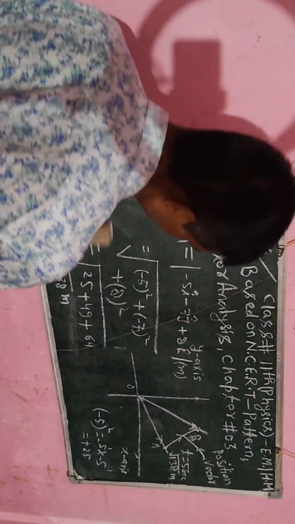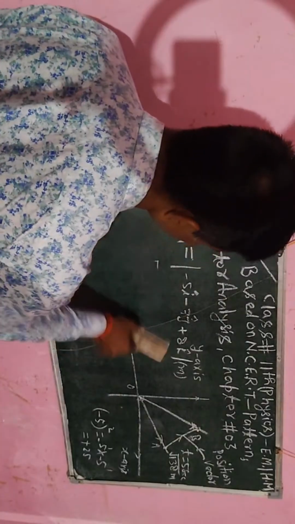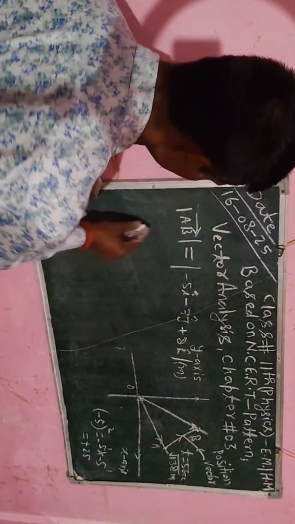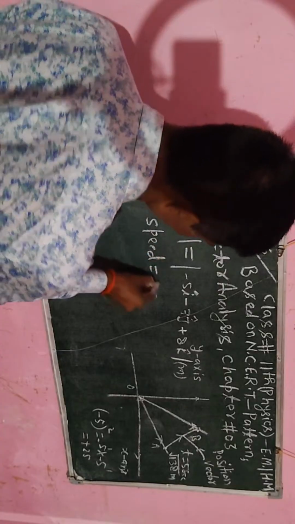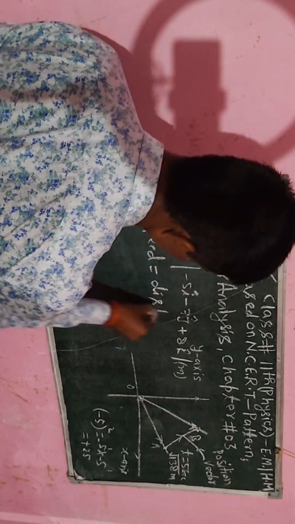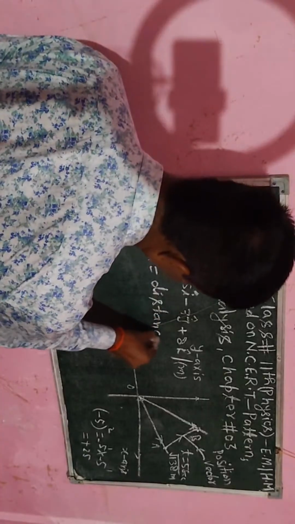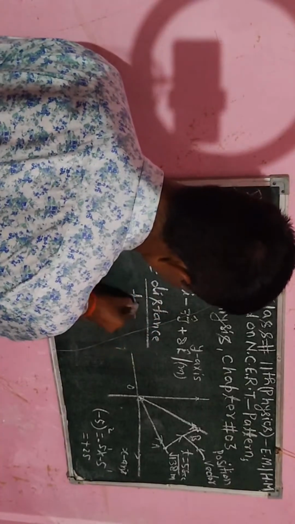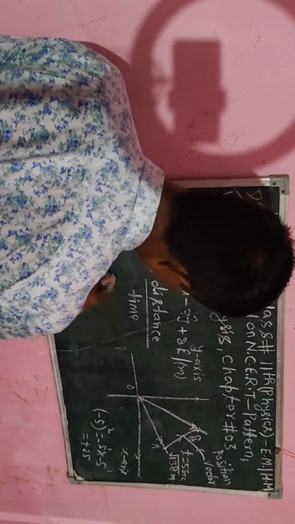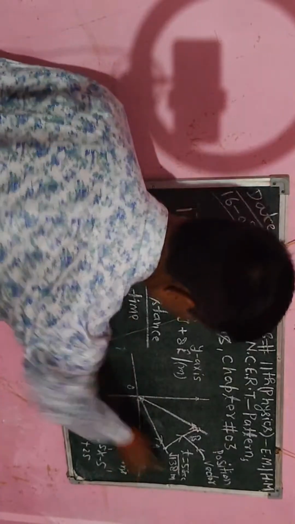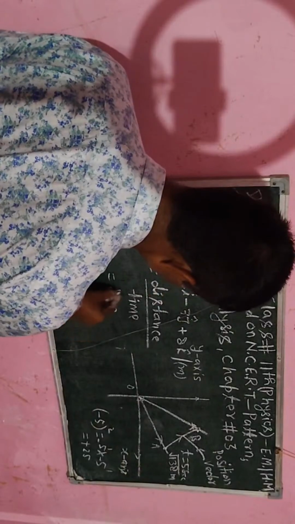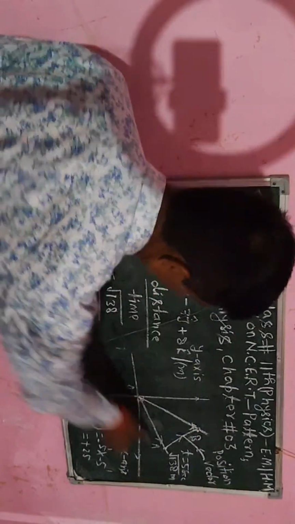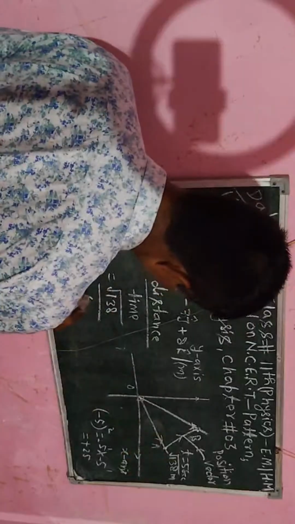Now I have to get the speed. The speed is equal to distance upon time. Distance I have calculated here, square root of 138, divided by time, which is given here as 5 seconds.